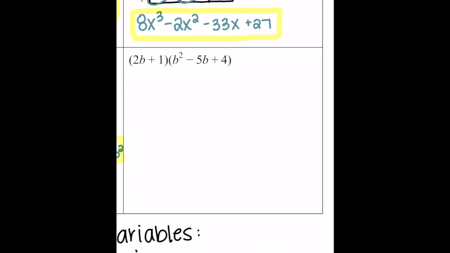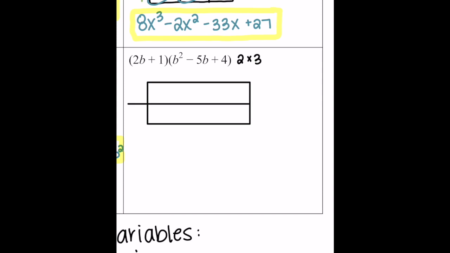Okay, and finally in our last example, we have 2 terms times 3 terms, so we need a 2 by 3 box. Right, so we need 2 rows and 3 columns.